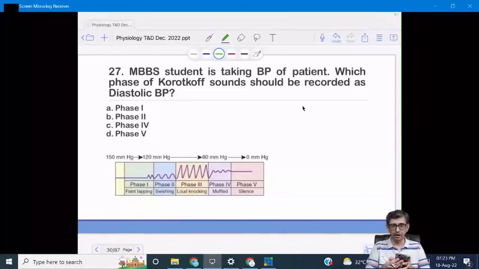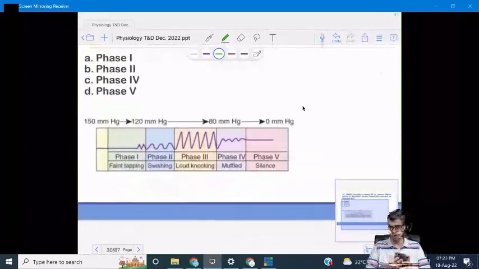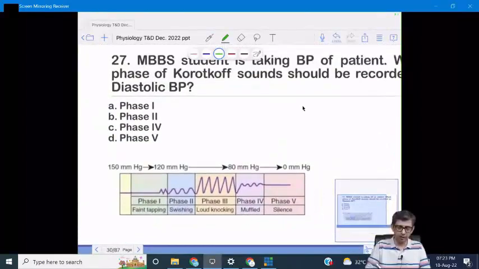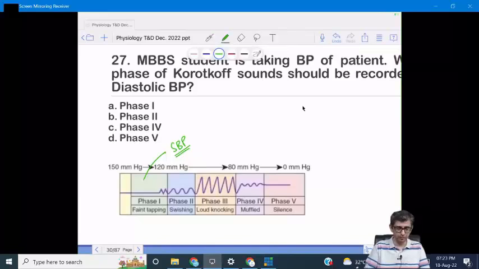There are 5 phases of it. When would you take it as systolic blood pressure? Systolic blood pressure would be phase 1, when the sound appears. And he asks when you would consider that Korotkoff sound.